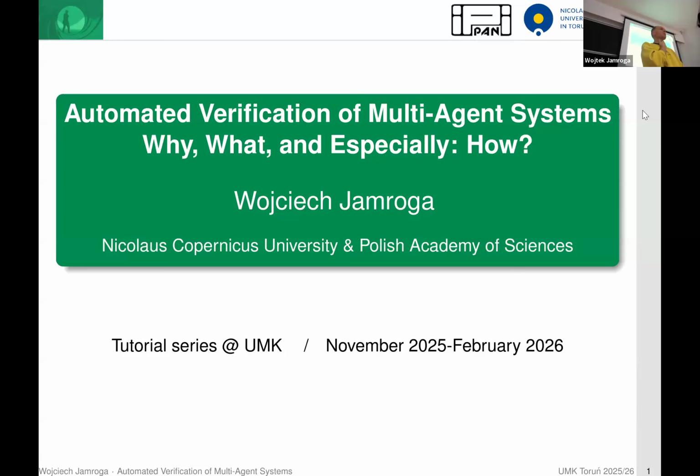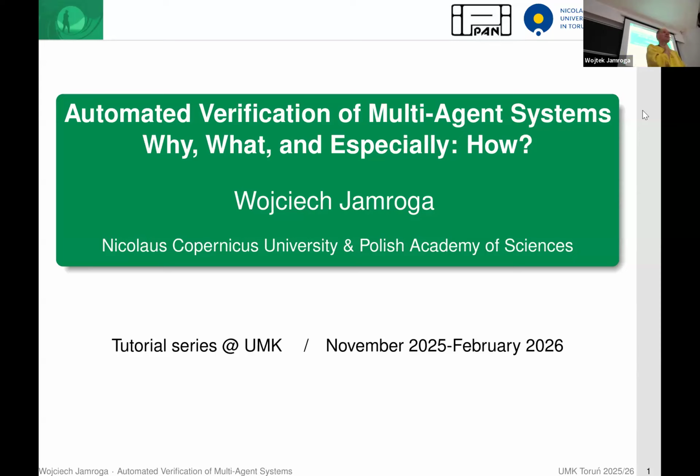This series of lectures is to give a gentle introduction to formal verification of multi-agent systems, at least in the sense of how I understand it, or in the sense of what I have been doing in my research for the last, let's say, 15, 20 years.